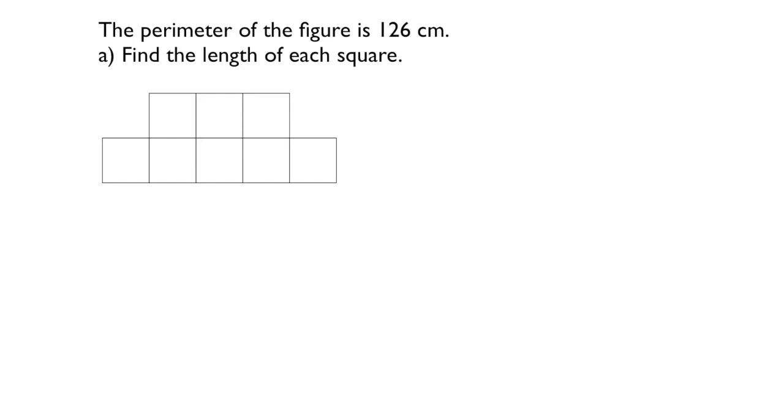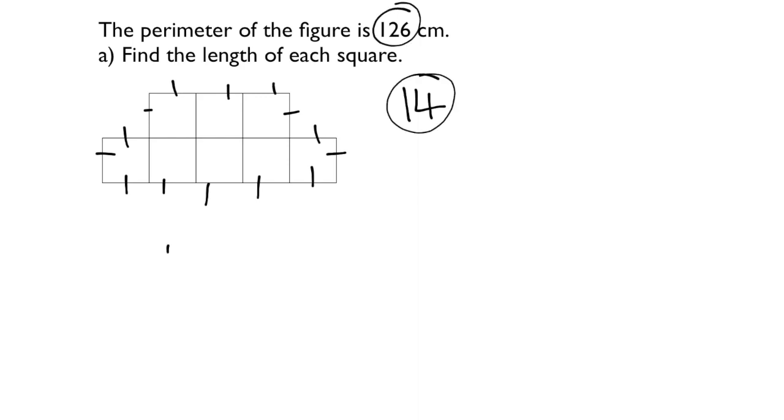So starting on the left, 1, 2, 3, 4, 5, 6, 7, 8, 9, 10, 11, 12, 13, 14. Okay, so because it's made up of all squares, I know that every one of those lengths is the same length.